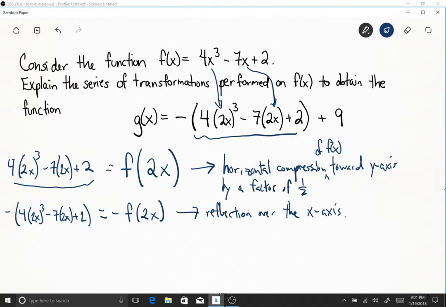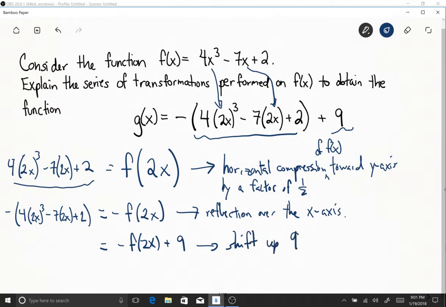Now, moving forward from here, what do we do with that last step? So we have a plus 9, and so notice all we do is we take negative f of 2x, and then we add a 9 to the outside, and so in this case we shift up nine units.